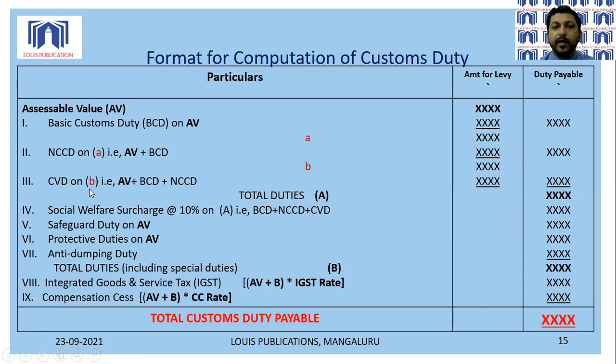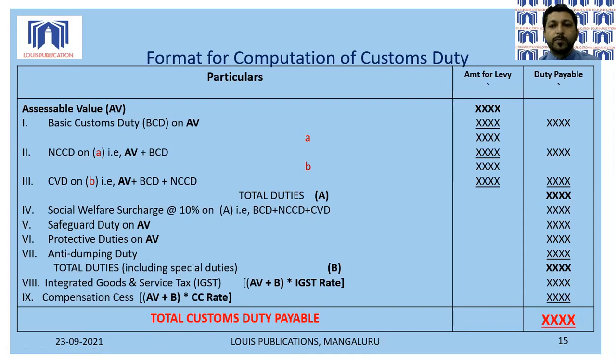And once again, I remind, countervailing duty will be levied on specific products which are not under the purview of GST at all. Suppose in the examination, a problem is given, say hair oil, and it is specified countervailing duty, NCCD, very clearly NCCD and countervailing duty are not leviable on hair oil.